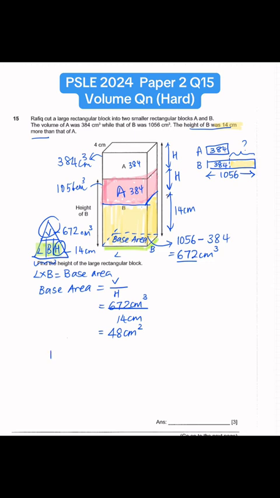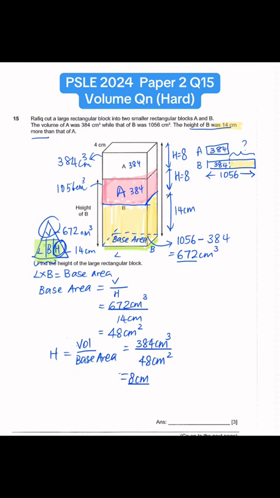To find the height, referring to the triangle up here, it is volume divided by base area. Since the volume is 384 and the base area is 48, we divide and we get the height of 8 centimeters. This is H, which is, back to the diagram, 8, and the one stacked above is also 8.